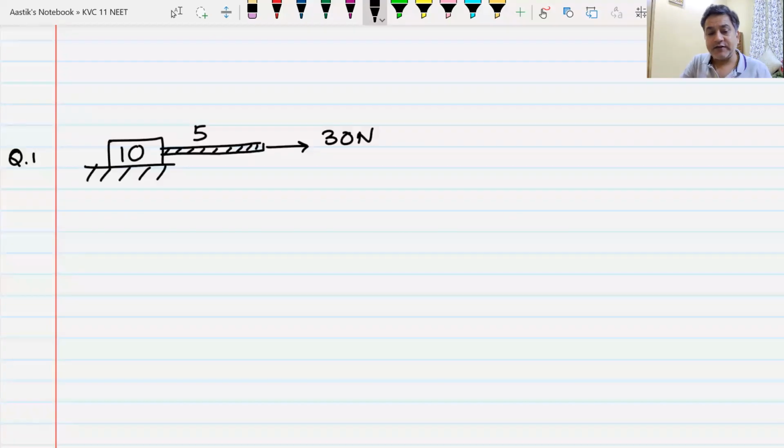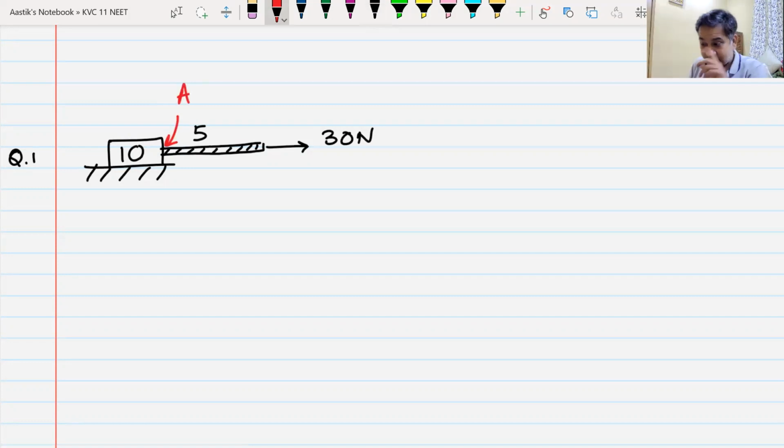And I am pulling it with a force of 30 newtons. You have to tell me two things. Number one is the acceleration of the system, and number two is the tension at this point A.